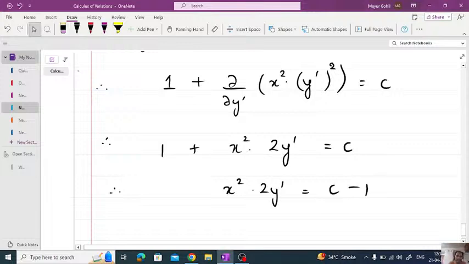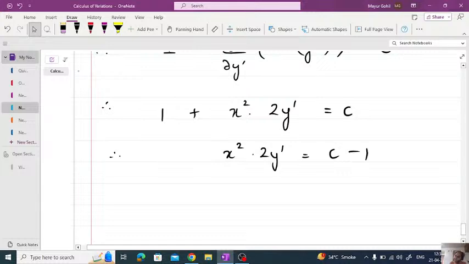Okay, and now c minus 1 is a constant, basically it will be some constant. So I'll write here, let c minus 1 equal to some constant c1.